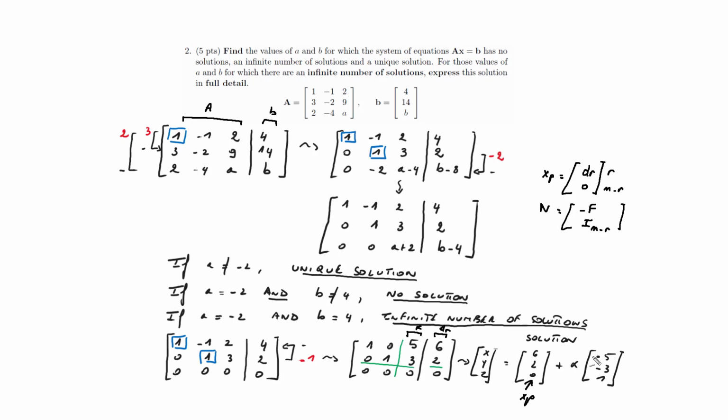So you have minus 5, minus 3, and 1. We only have one column, so taking the linear combination is simply adding alpha times this vector over here. And this is what we called xn, right? And this gives you a full description of the case where you have an infinite number of solutions.